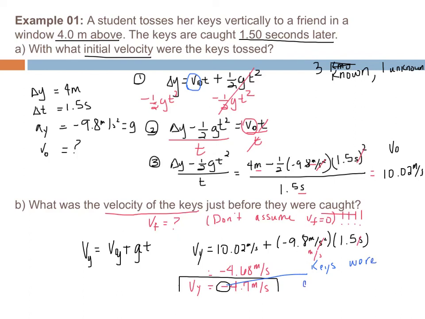So they weren't caught on their way up, or we would have gotten a final velocity of a positive number. These keys were caught on the way down. And again, I know that because of this negative number. And we're done.